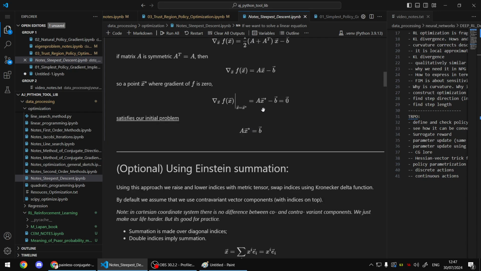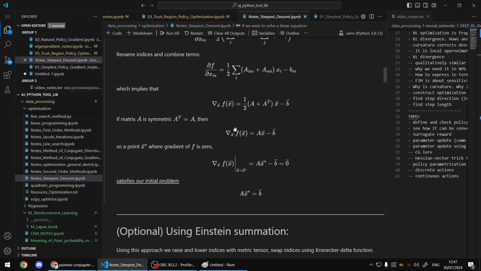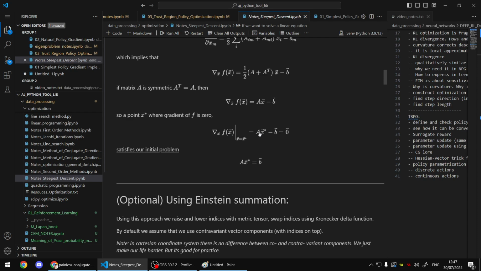Okay, so if we take the gradient, we get the expression Ax - b. So at some special point x*, which is the minimizer, the gradient is equal to 0, and in fact this particular point x* solves our initial problem.